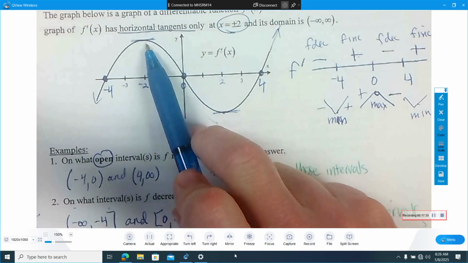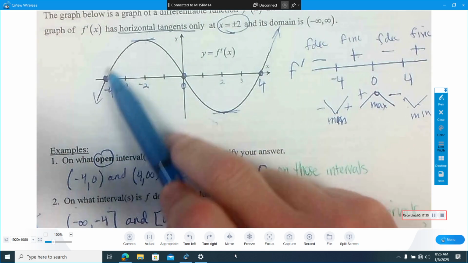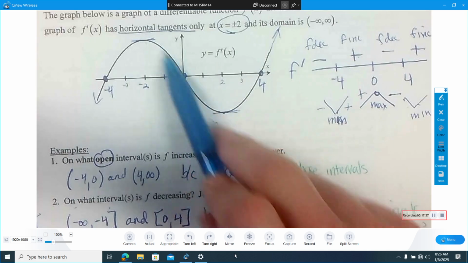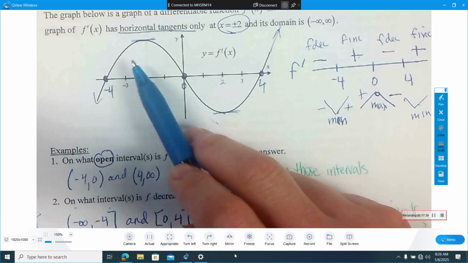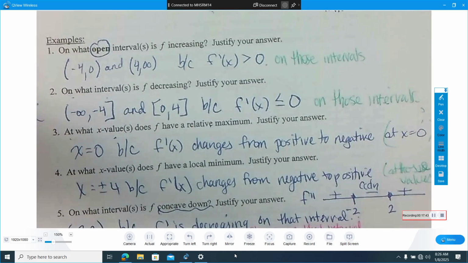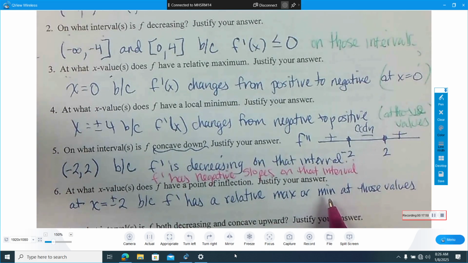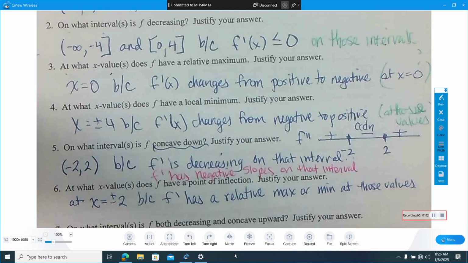To have a relative max or relative min, we are changing from a positive slope to a negative slope. That would be where we would have a point of inflection, or negative to positive. That's a great way to say it. If the derivative has a relative max or min, that would be a point of inflection.